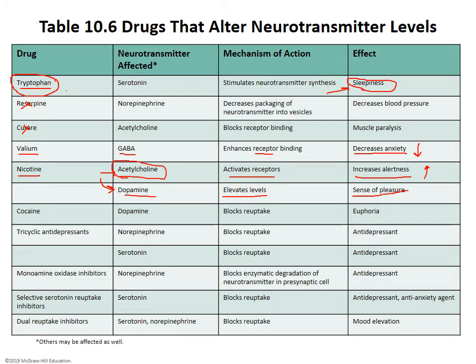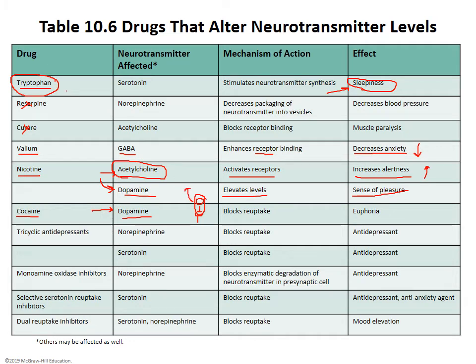Now, the next one I do want you to know something about is cocaine, and it is about dopamine as well. What happens with this is, I'm going to have a dopamine receptor here. I'm going to have a little thing of dopamine that goes in, and when we want to stop using it, our body will remove the dopamine molecule, and it's called reuptake.